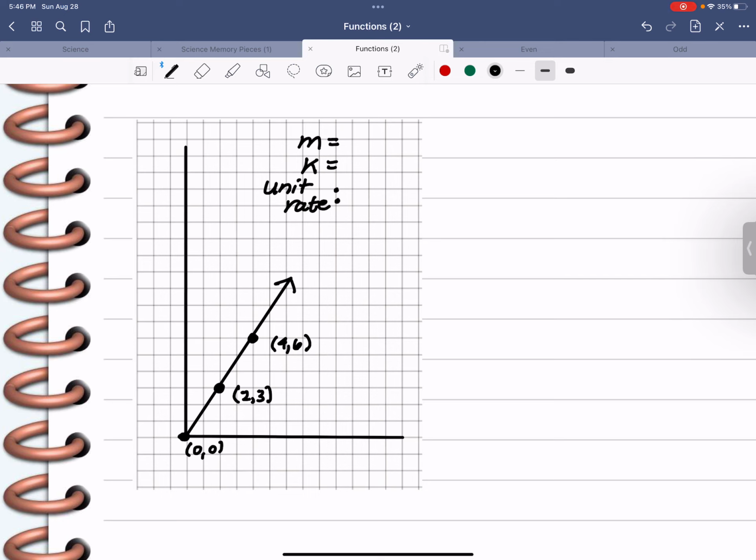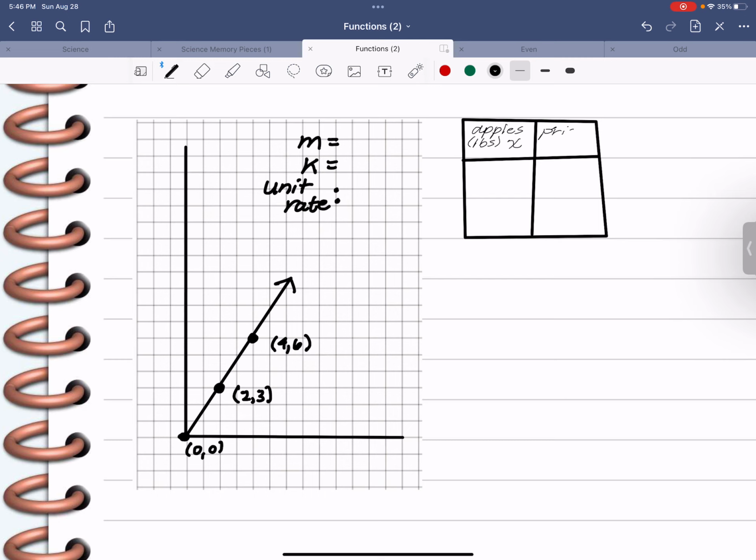We also have a table to refer to in this picture, and it has 3 rows where the apples in pounds are the X value, and the price in dollars is the Y value.